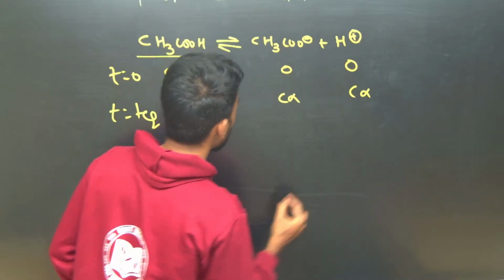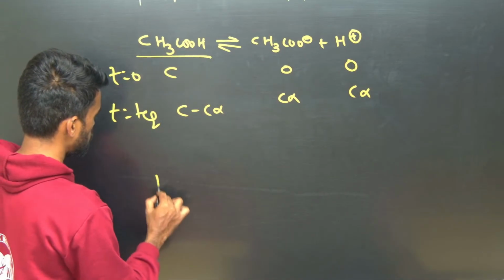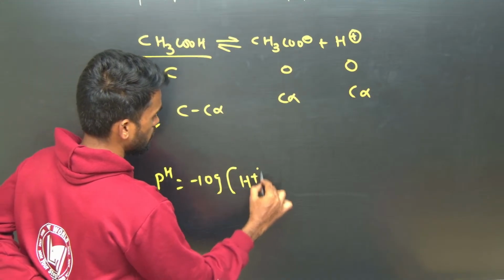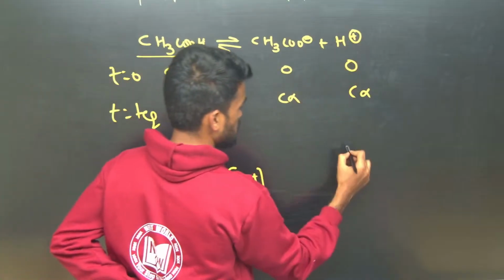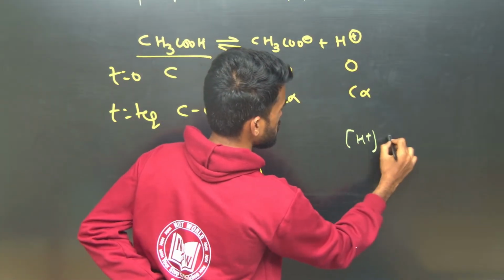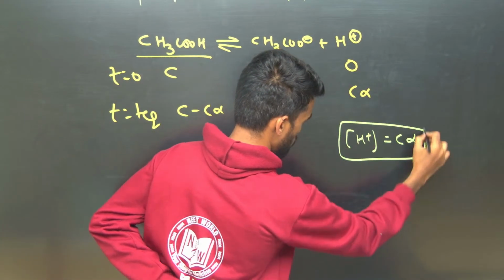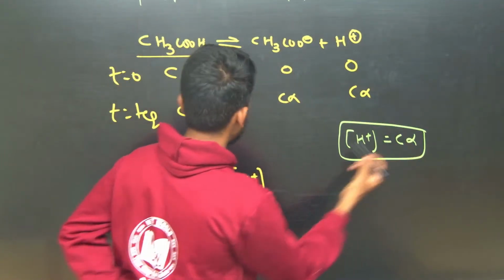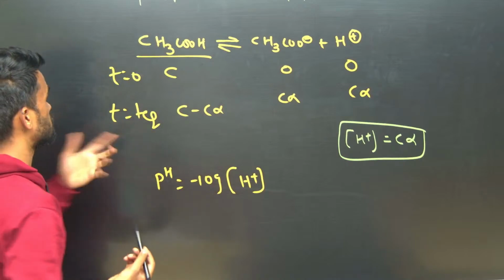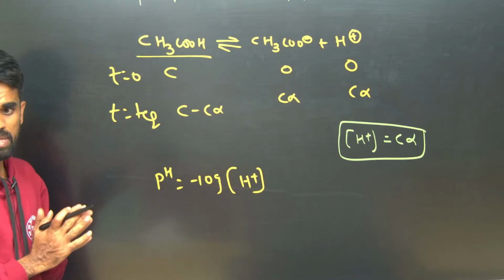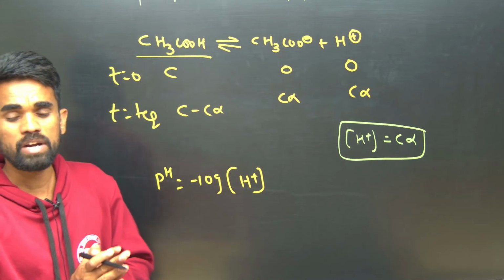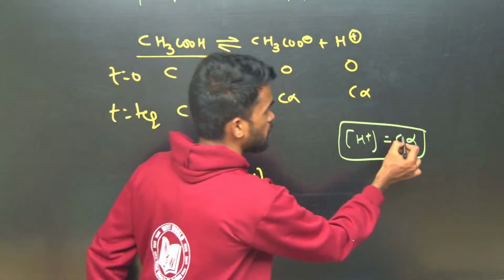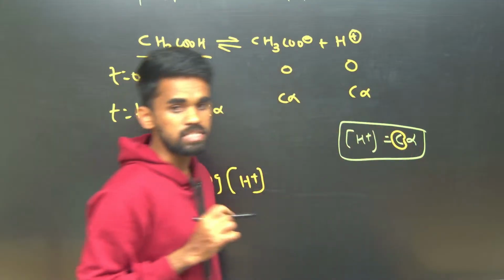Now what is the formula of pH? Minus log concentration of H plus. So what is the concentration of H plus ion we got? C alpha, right. Now, in the exam they will give a question like this: what is the pH of 0.1 molar acetic acid? 0.1 molar means the concentration is given.